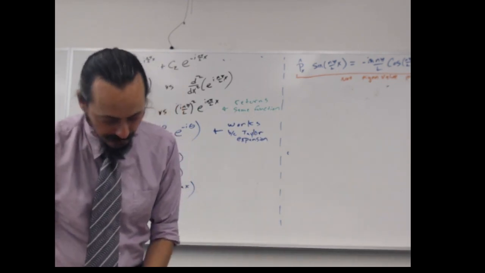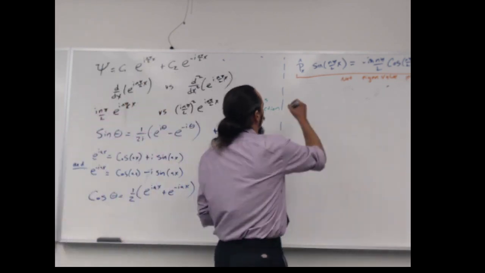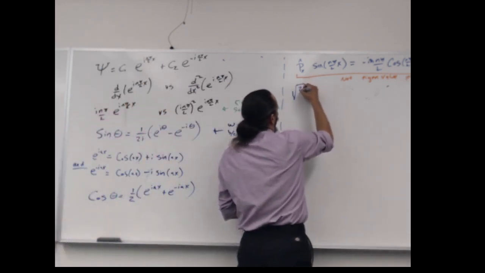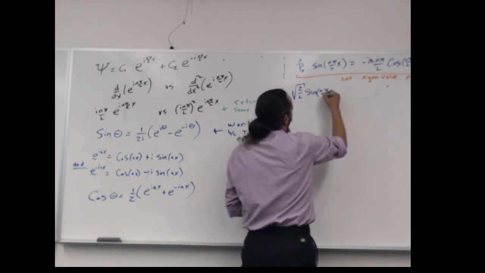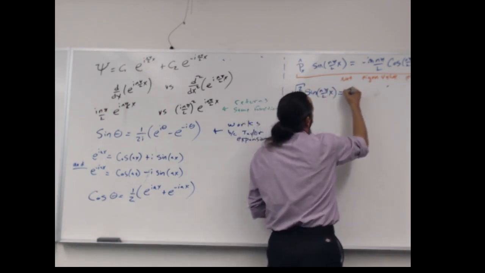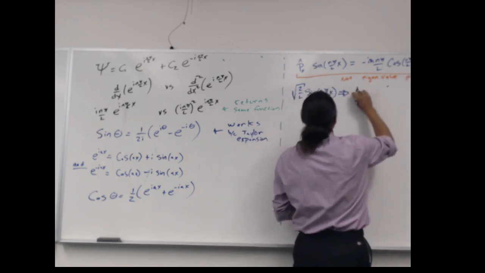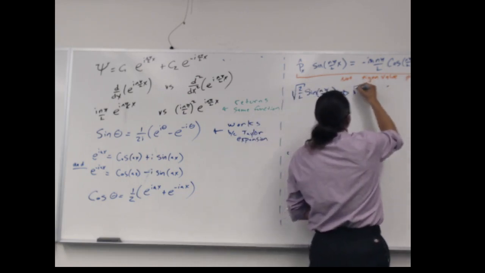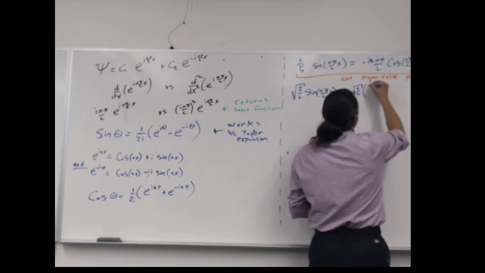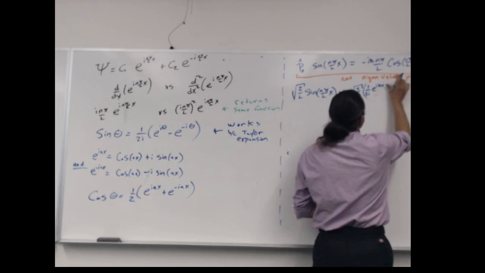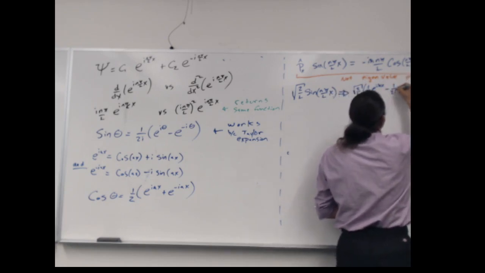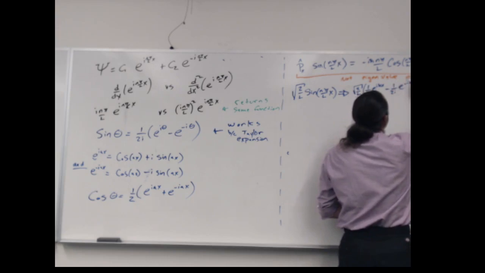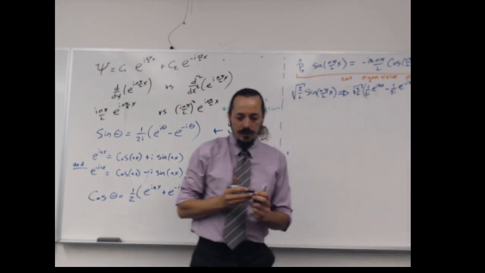These 2 bits essentially end up giving us root 2 over L sine n pi over L x, which becomes root 2 over L times 1 over 2i e to the ikx minus 1 over 2i e to the minus ikx.